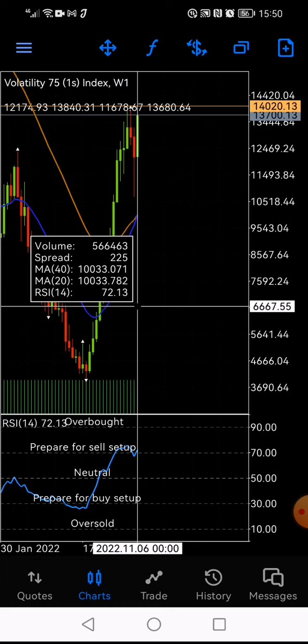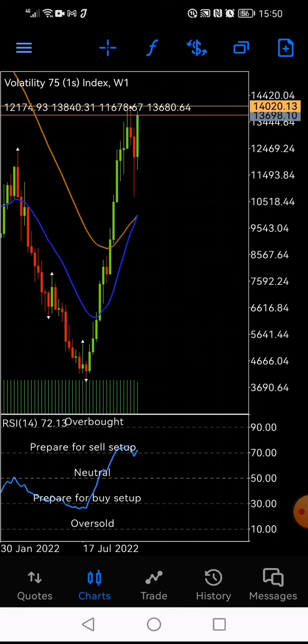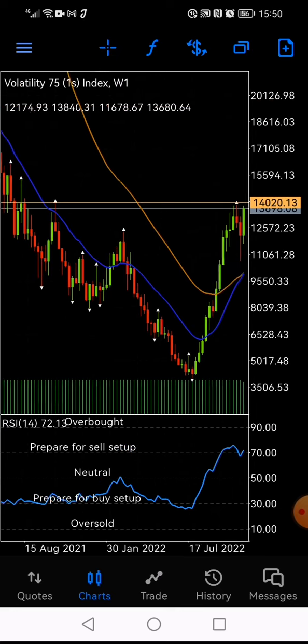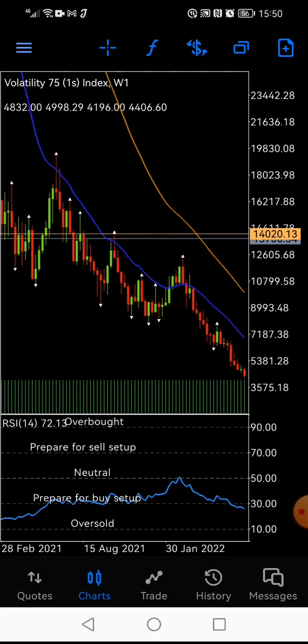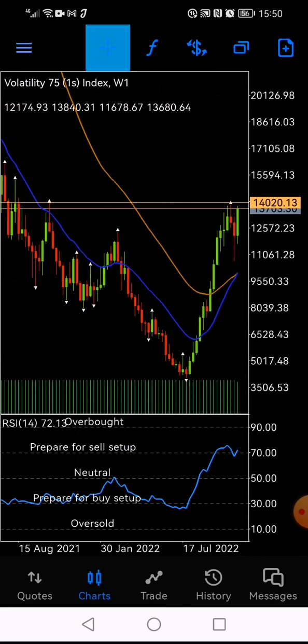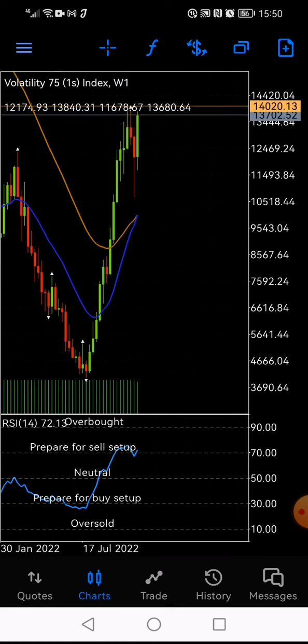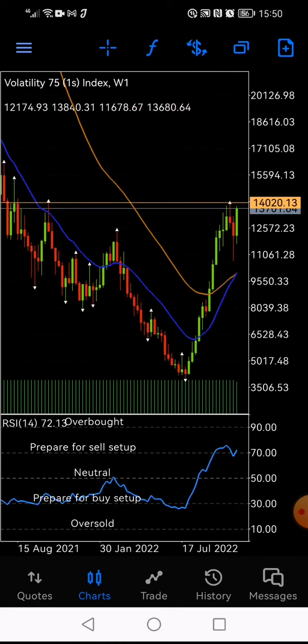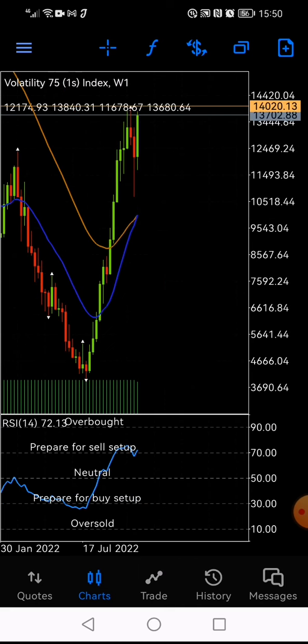They're equal, they're crossing, meaning something is about to change. It means the volatility is about to change direction. Now it's going upwards. Now buyers want to buy heavily. So this is the most recent bottom, and you can see the price is way too far from the most recent bottom. It's trying to challenge this resistance here at 14,000.